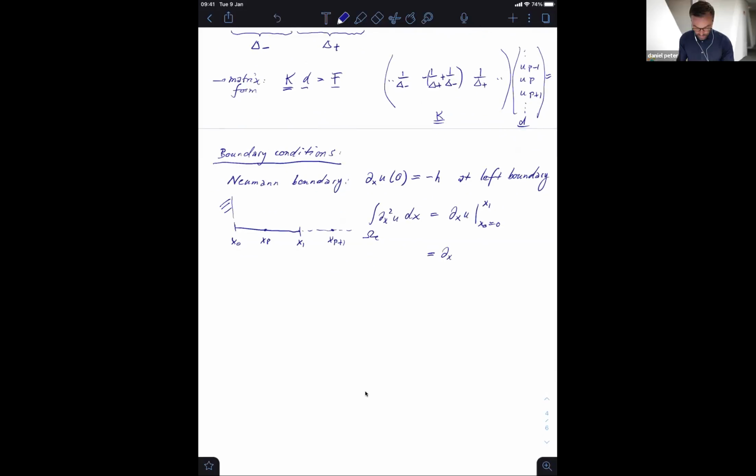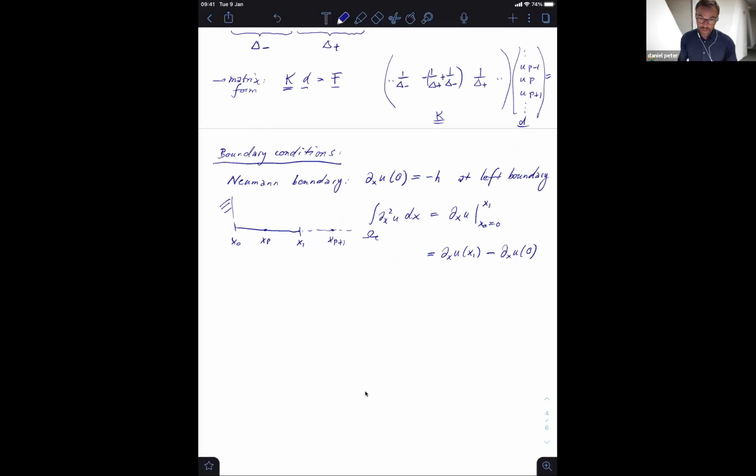Which is this evaluated at x1 minus this gradient evaluated at x0, position 0.